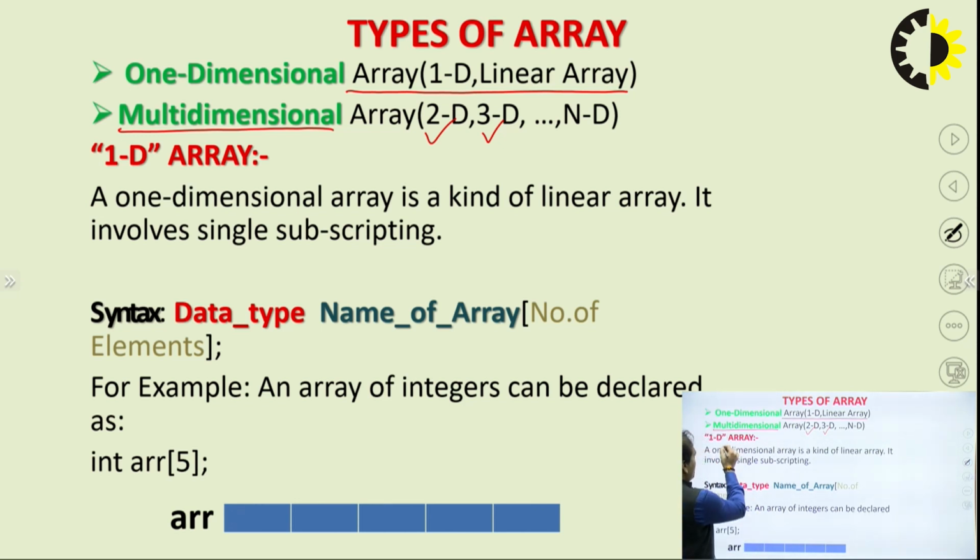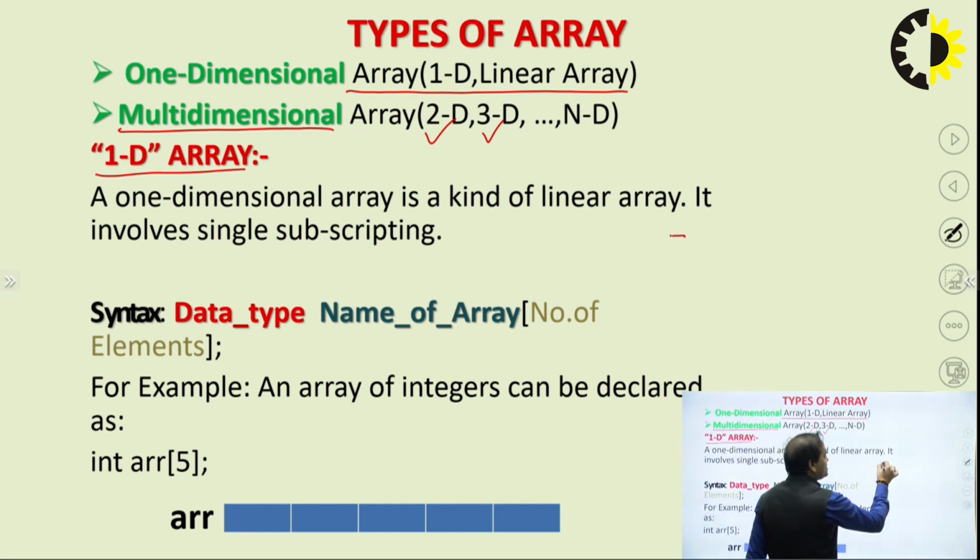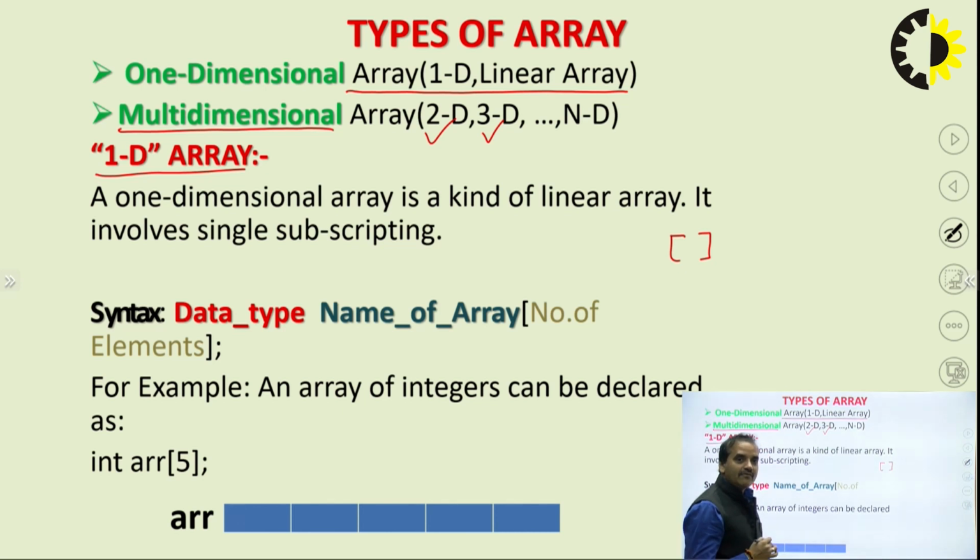Now, we first want to discuss what is meant by a one-dimensional array. A one-dimensional array is a kind of linear array. It involves a single subscript. That means if we want to declare or represent an array, we use a single subscript, that is, a single square bracket, to represent the given data.